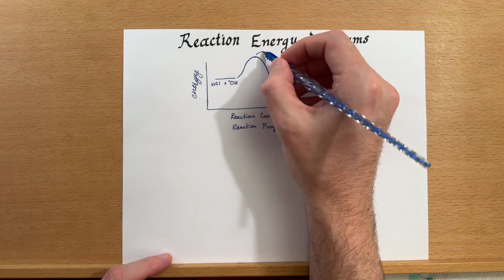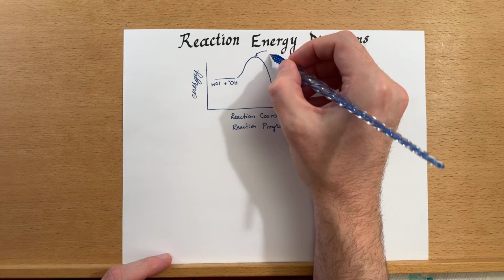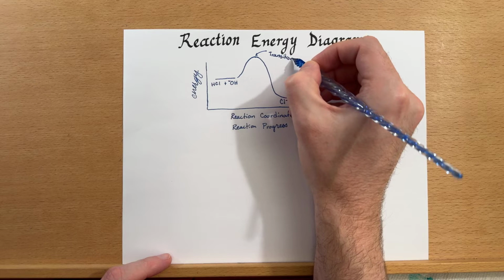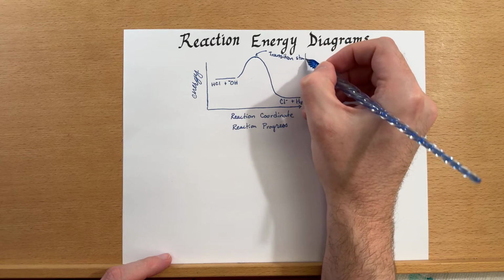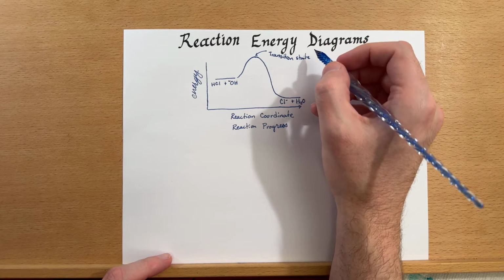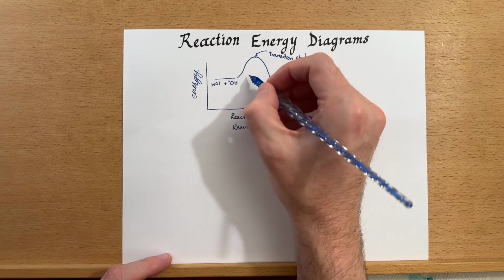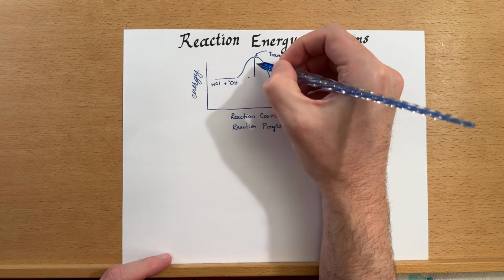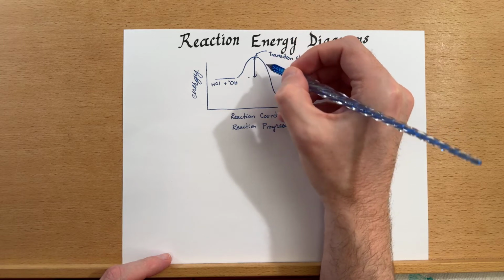So right at the top, we have our transition state. And there's an energy of activation. So the energy that it takes to get up to the top of this transition state.